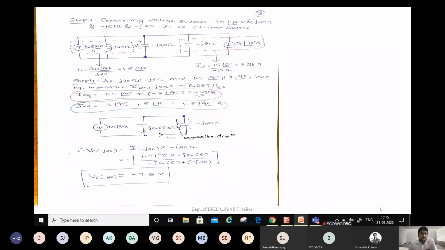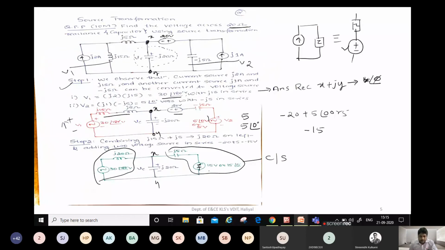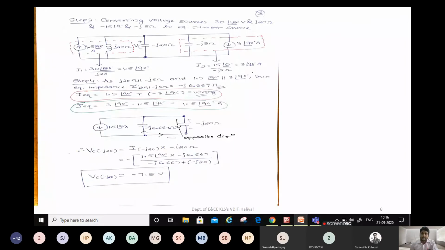No need to consider the polarity. So what I mean to say is here, don't take it as minus 15. You have to take only 15 divided by minus J5, so that you will be getting these two current source values. Okay. So next, is that clear now till here to everyone?